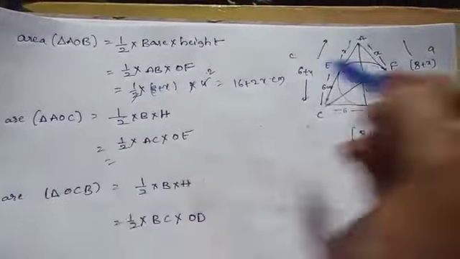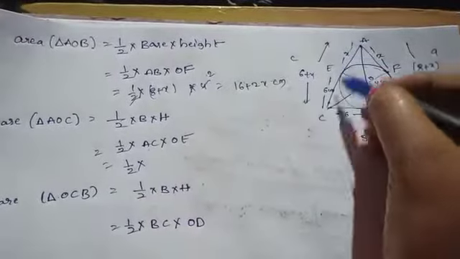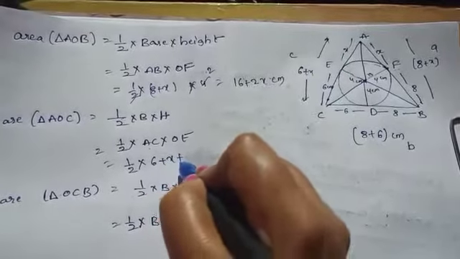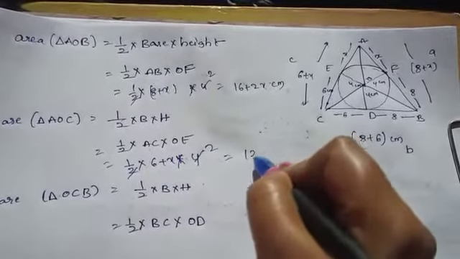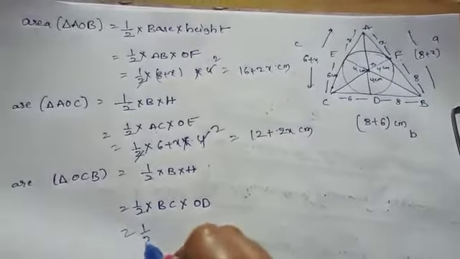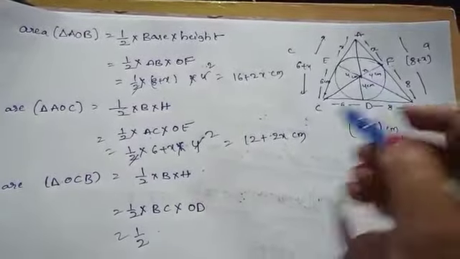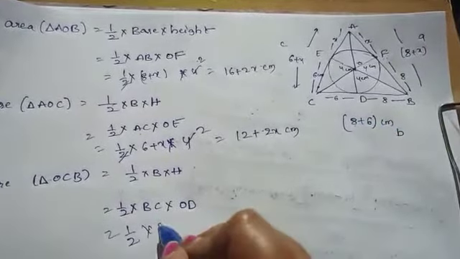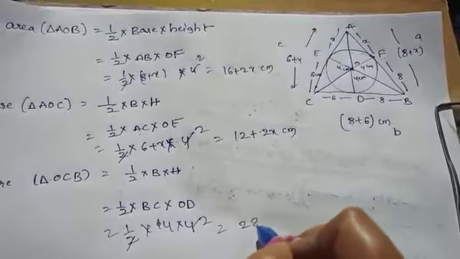Next, area of triangle AOC equal to half into base into height. Base is AC, height is OE. AC equal to 6 plus x, OE equal to 4 centimeters, which is equal to 12 plus 2x centimeters. Next, area of triangle OCB equal to half into base BC, height OD. BC equal to 8 plus 6, it is 14 centimeters. OD equal to 4 centimeters, 28 centimeters.